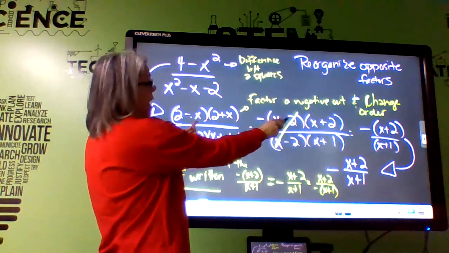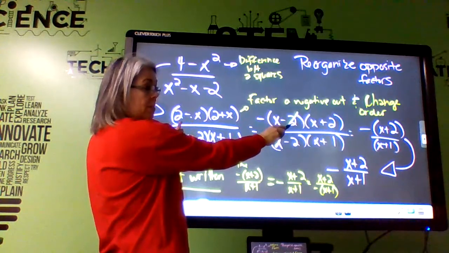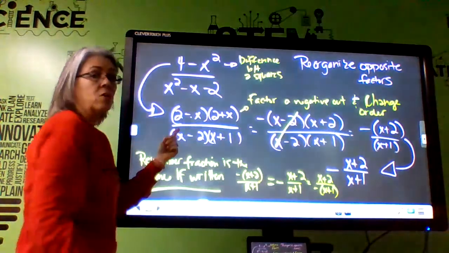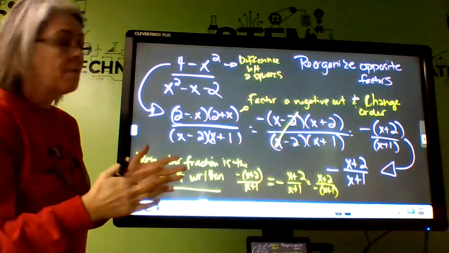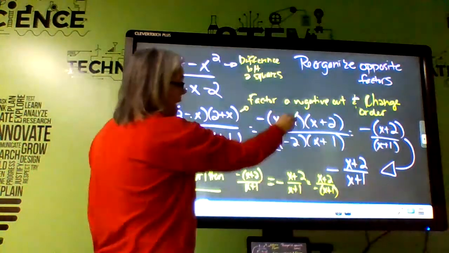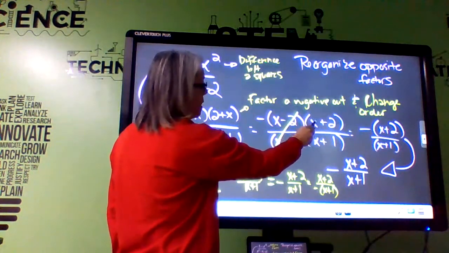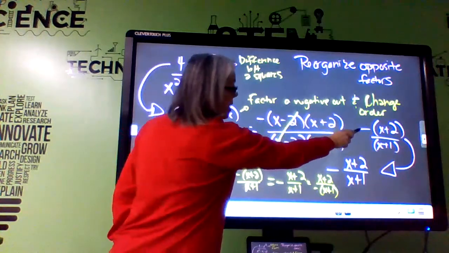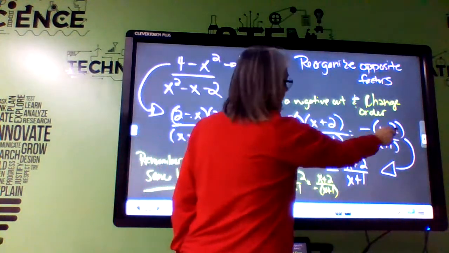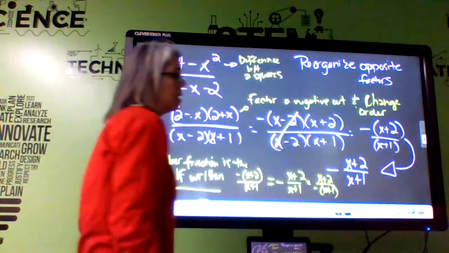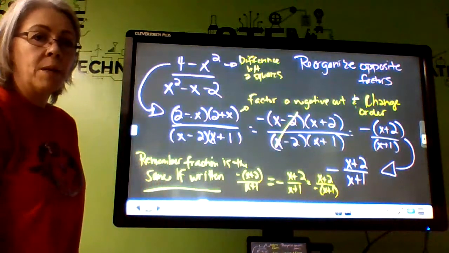Negative x, and a positive 2. So I pulled a negative out so I could reorganize that factor. Then I can cancel that, and I'm left with this negative sign right here, and I'm left with x minus 2 on the numerator and x plus 1 in the denominator.